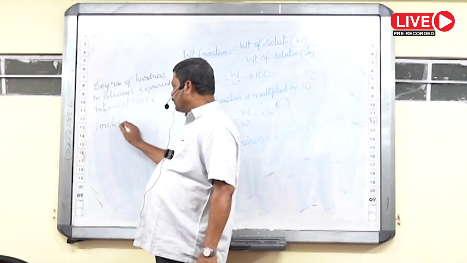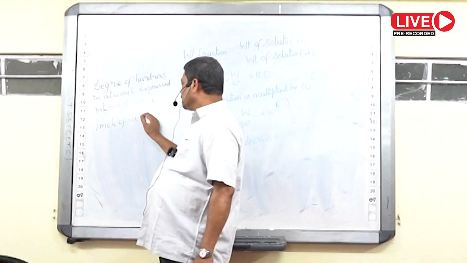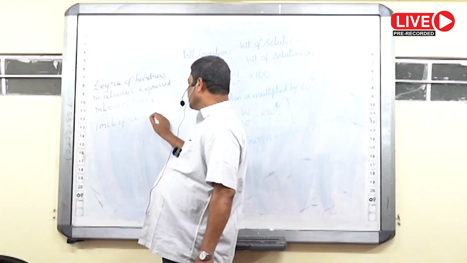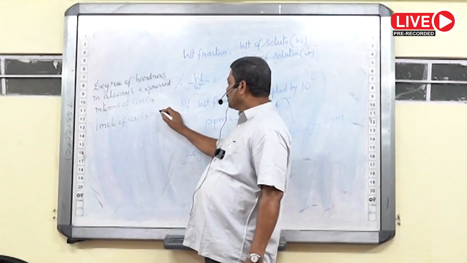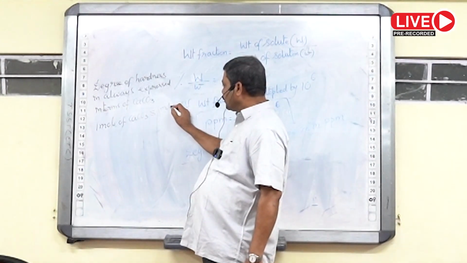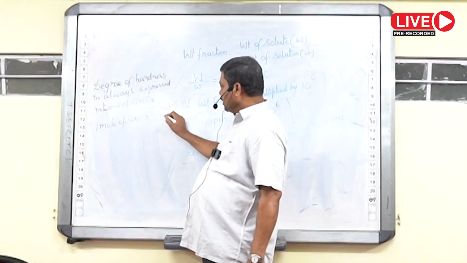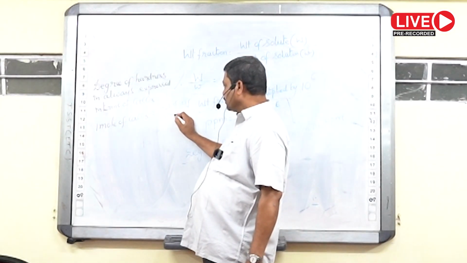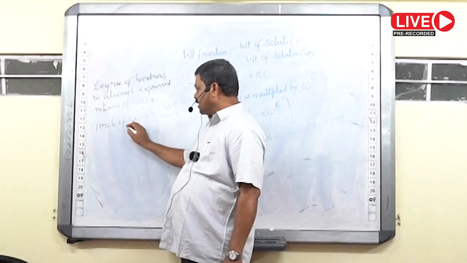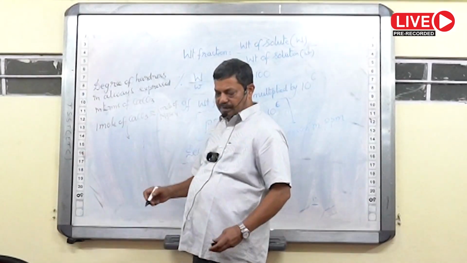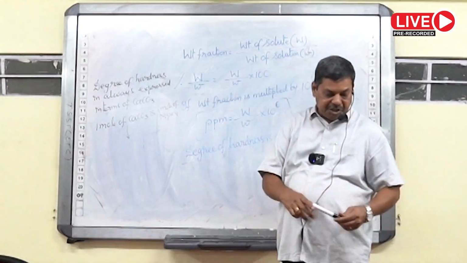1 mole of CaCO3 is identically equal to 1 mole of MgSO4. 1 mole of CaCO3 is equal to how much?